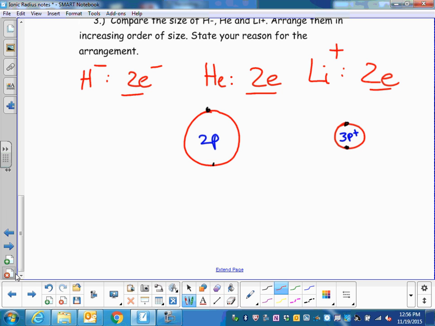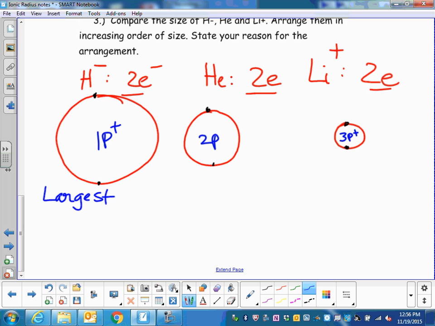Will it be the largest? Because how many protons are attracting? Only 1 proton. Do you understand this? So 1 proton attracting 2 electrons will be the biggest cloud. 3 protons attracting 2 electrons will be the smallest cloud. This is the largest and this is the smallest. Do we understand this? Shall we do another example? Shall we do one more example?